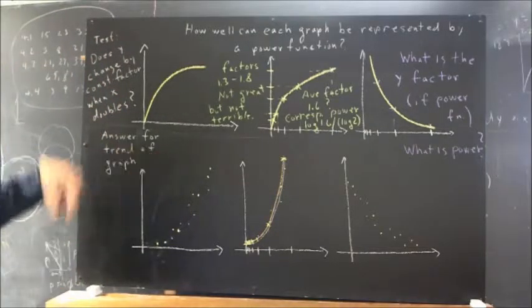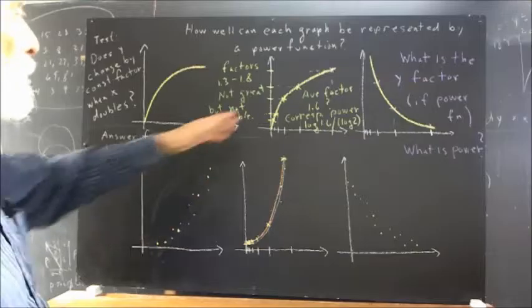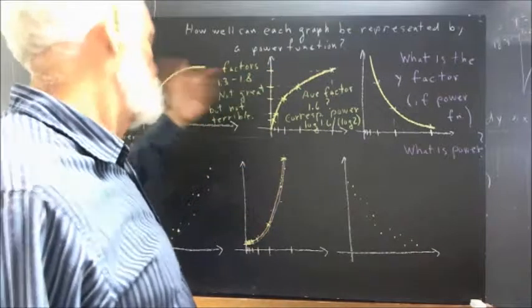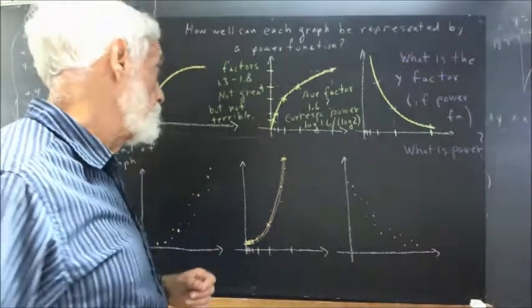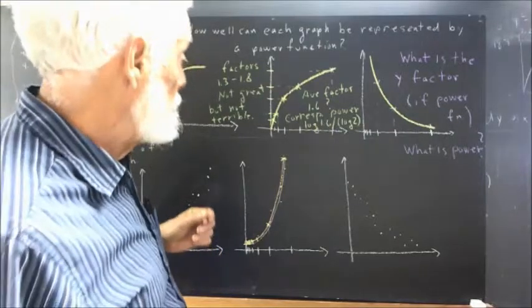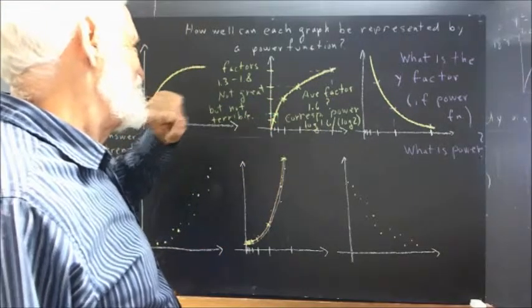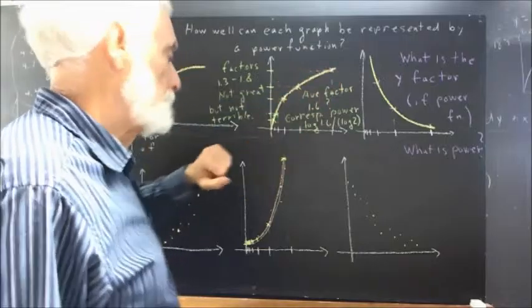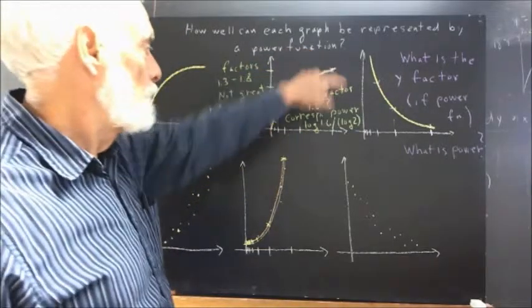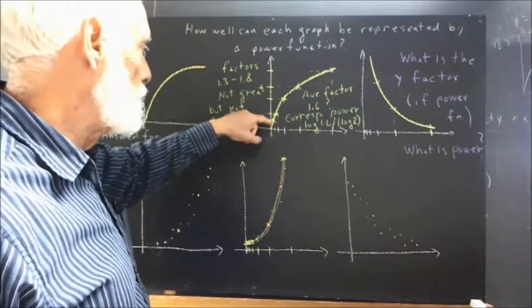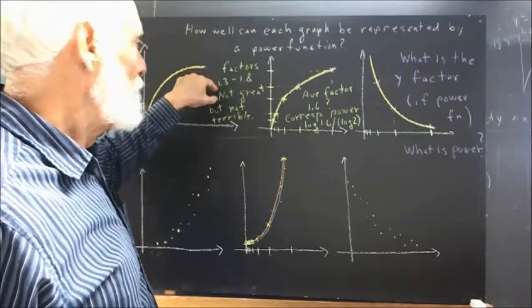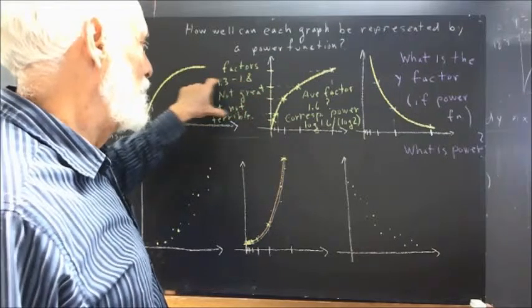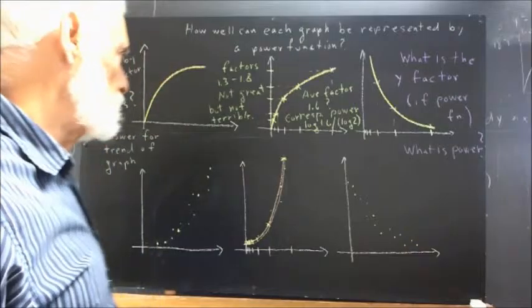Now, this function here, we noticed in the immediately preceding video that the factors appear to be decreasing. There's a trend where the factors appear to decrease. They start out around 1.8 maybe, and they decrease down to 1.3 or less.